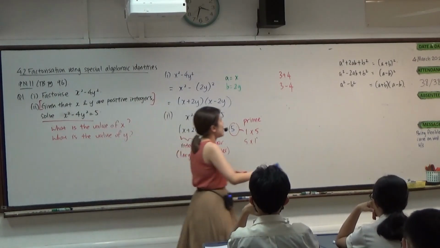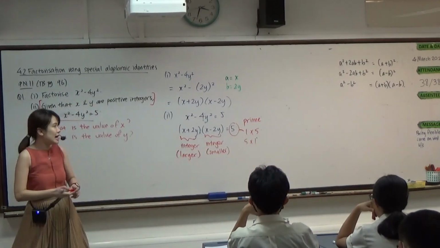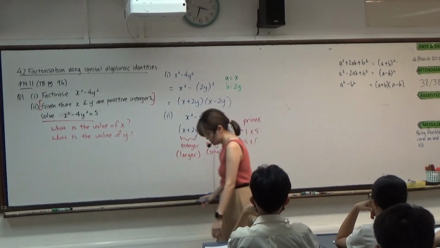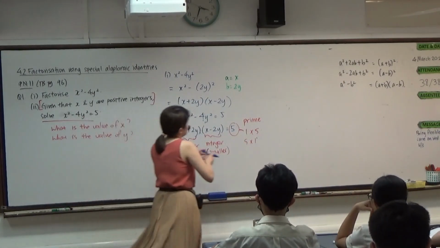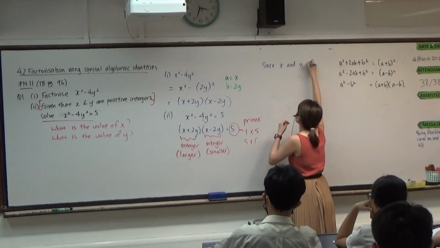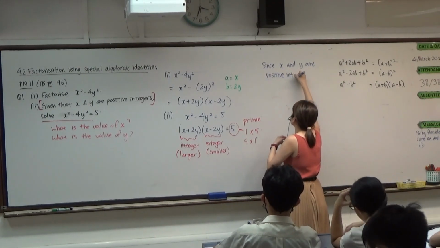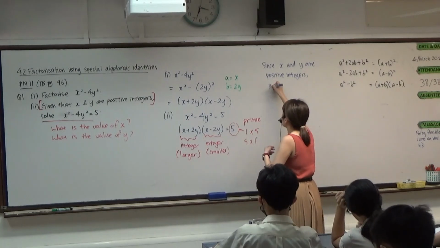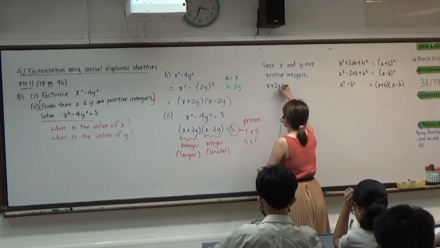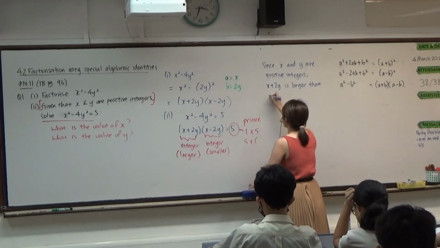While x minus 2y will surely be a smaller integer. So that is the understanding that we can get just from this phrase, for us to think in this manner. So I say that since x and y are positive integers, x plus 2y is larger than x minus 2y.